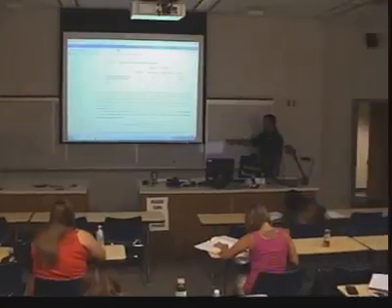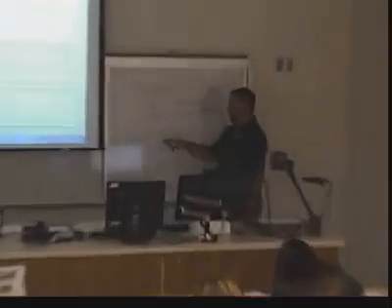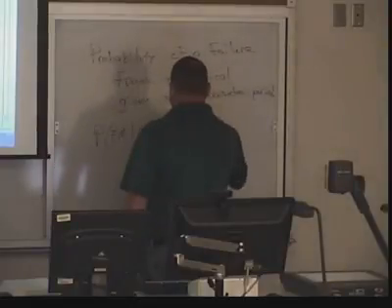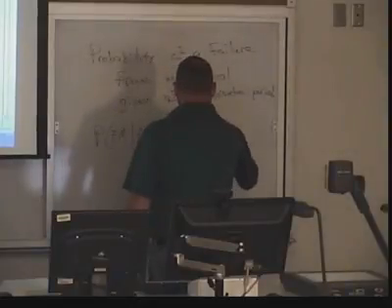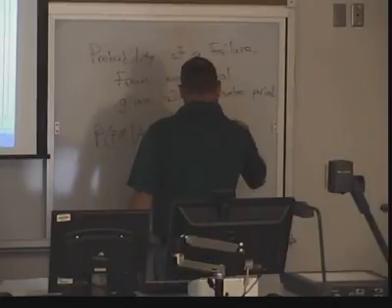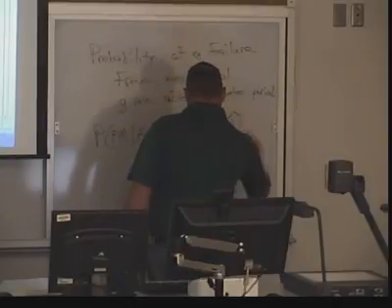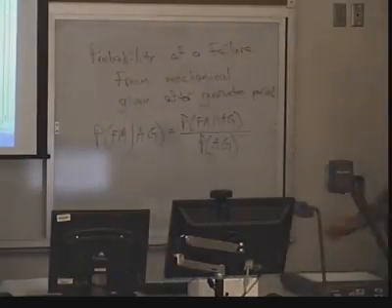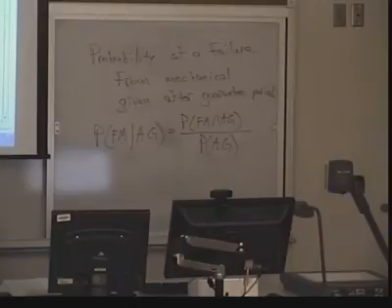So this means failure from mechanical given after the guarantee. So this is going to be equal to the probability of the intersection given the probability that it fails after the guarantee. Is everybody following along what's going on here?